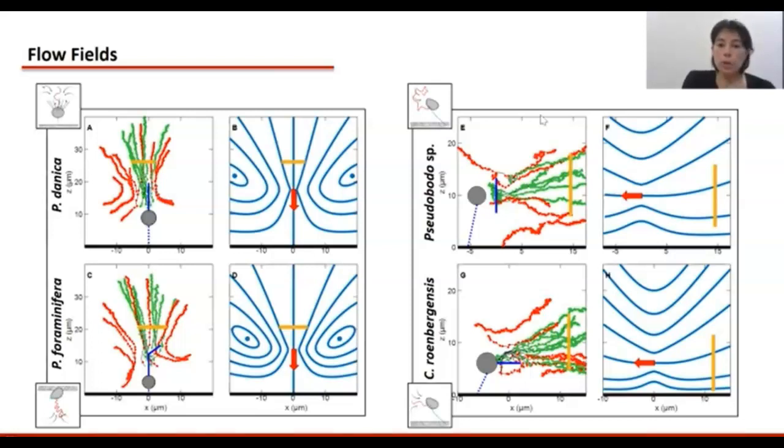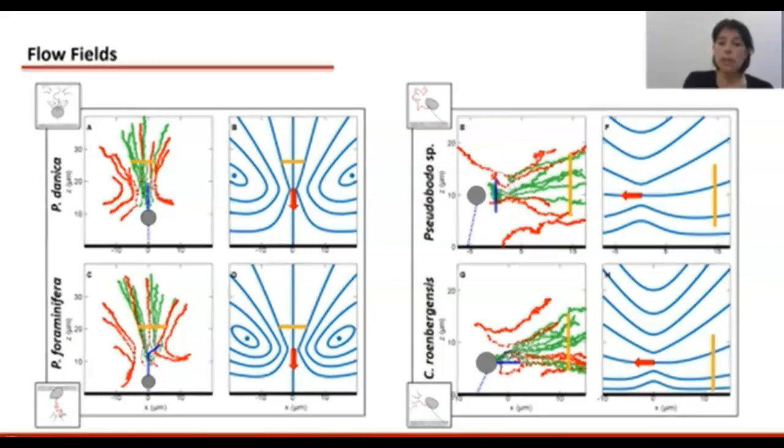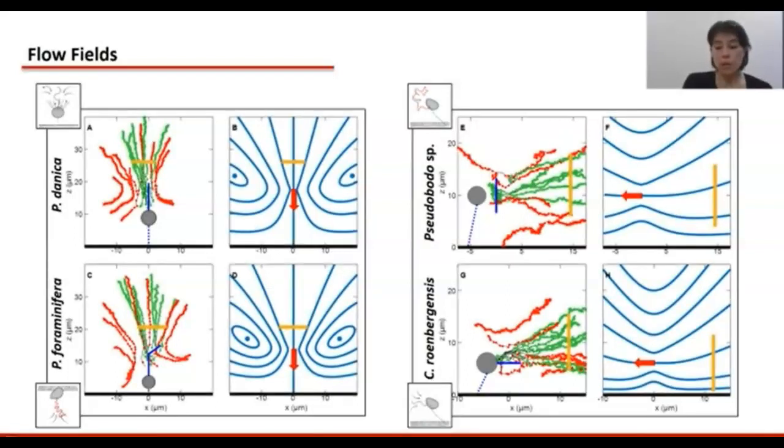And on the right here, we have also 2 cases, one of Pseudobodo and one of Cafeteria roenbergensis. And these are 2 individuals that are creating feeding currents that are parallel to the surface.